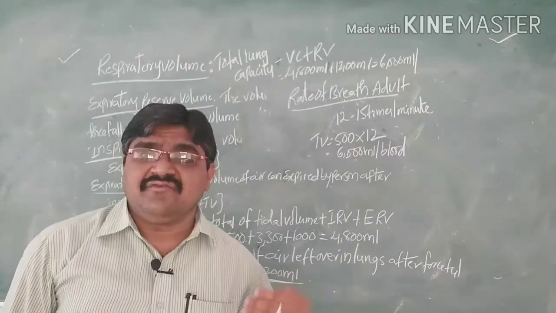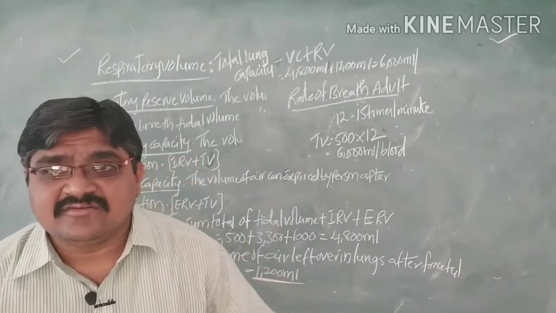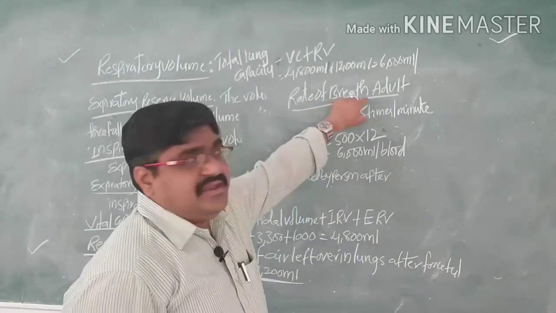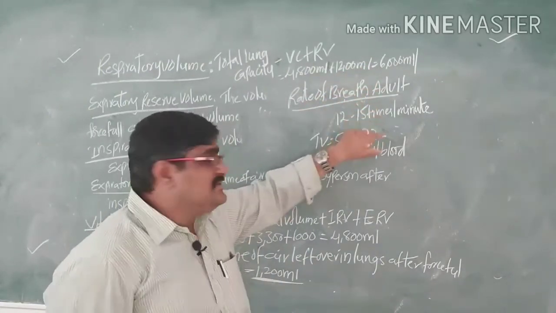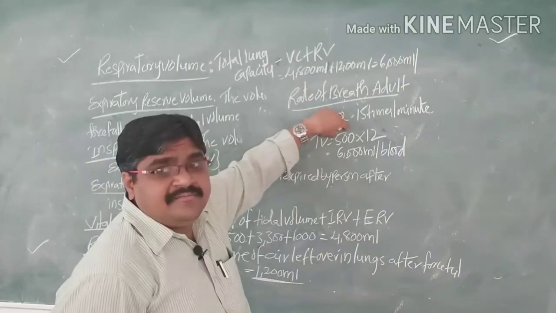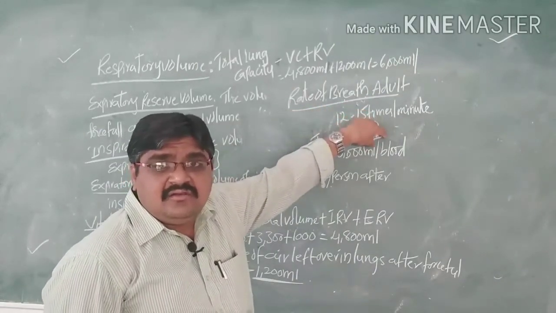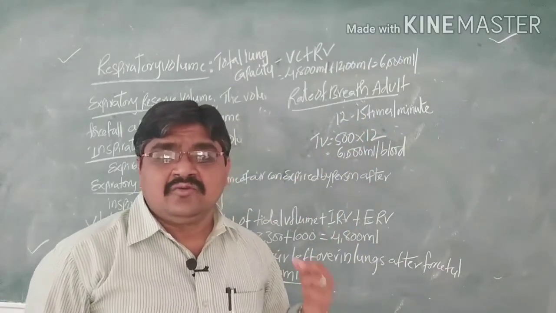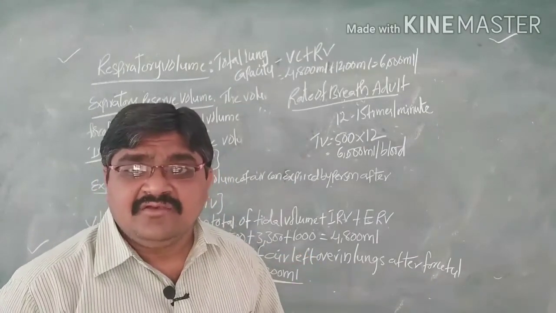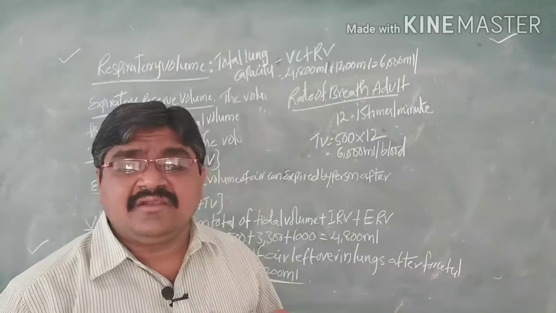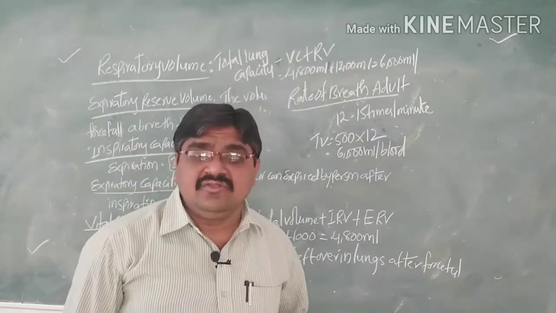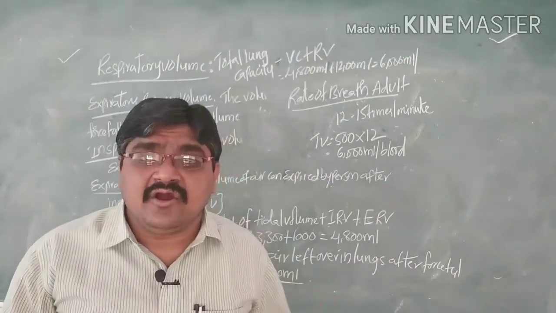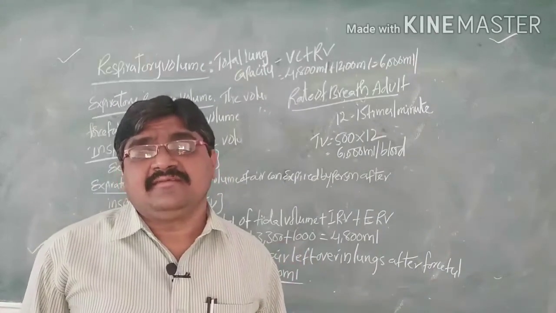Again, the carbon dioxide diffuses through the lungs and is eliminated outside of the body. This happens averagely 12 to 15 times per minute in adults. With a tidal volume of 500 into 12 times, 6000 ml of blood is circulating. During inspiration, oxygen diffuses into the alveolar blood capillaries, passes to different parts of the body, and is utilized by the body cells.